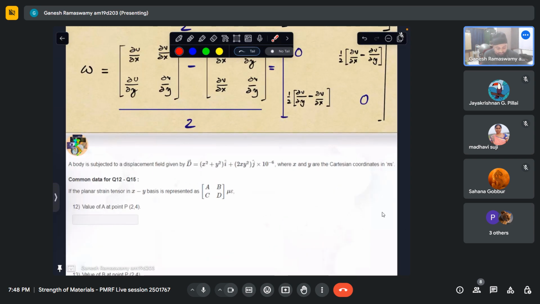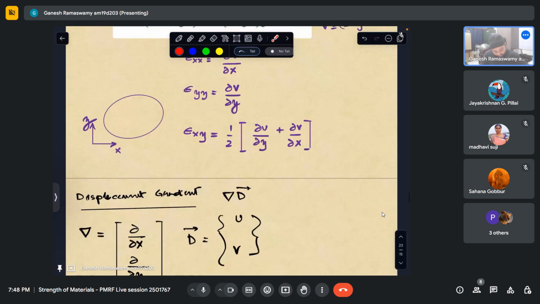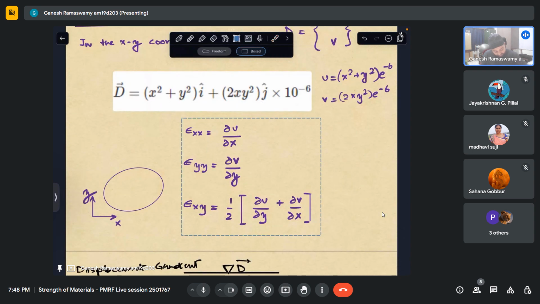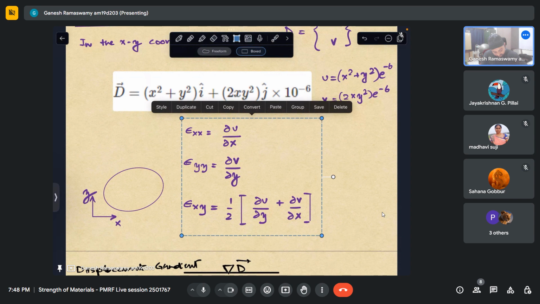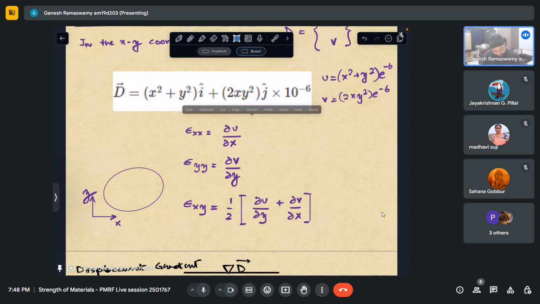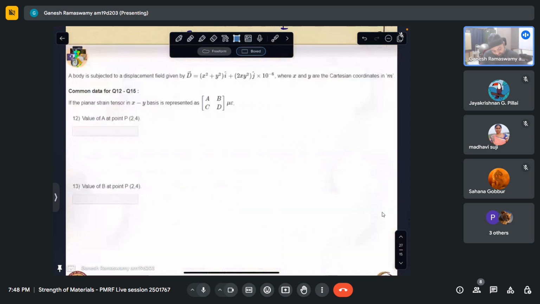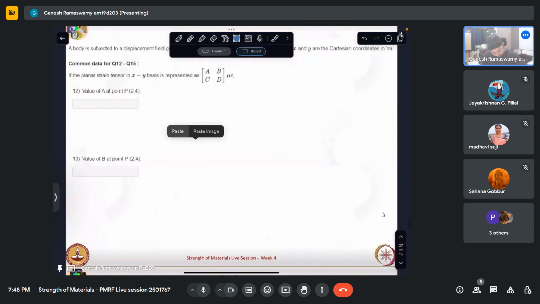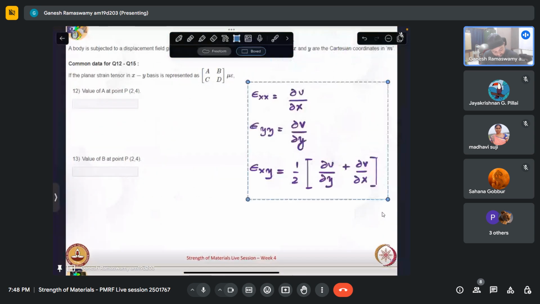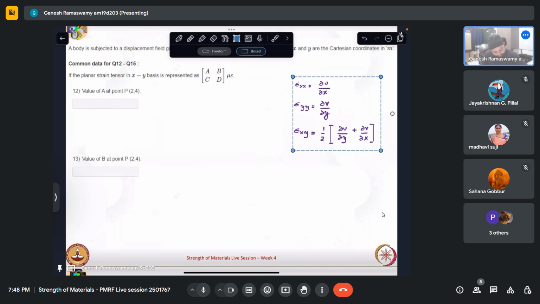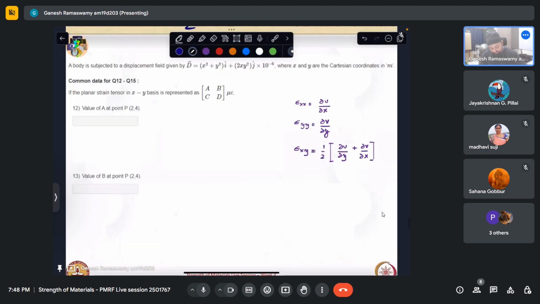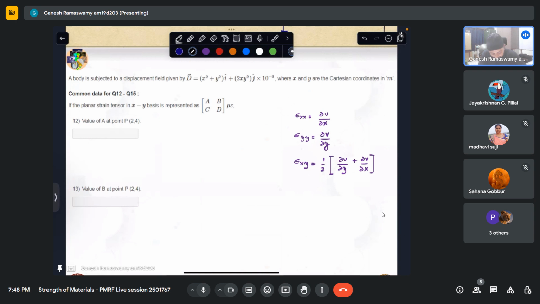So what we know is epsilon xx, epsilon xy, and gamma xy are given in this way. So let me paste that here. This is what we know. And for our question, the body is subjected to a displacement field where u is x squared plus y squared into 10 power minus 6.